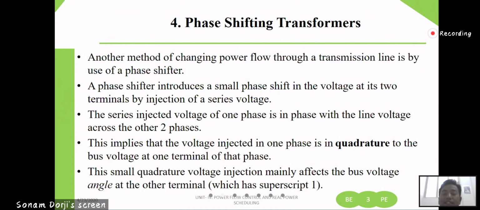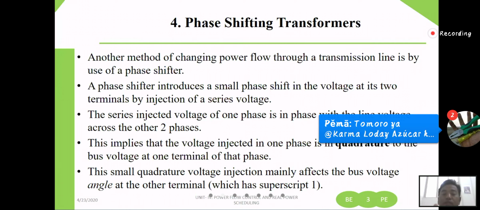Under series compensation, we have classified that TCSC can be used, and then we have seen that VSC can be used. Today we are seeing the phase shift transformer, which is another method of changing the power flow through a transmission line. And after completing the phase shift transformer, you will be able to know the differences between series compensation using capacitor and the phase shift transformer.